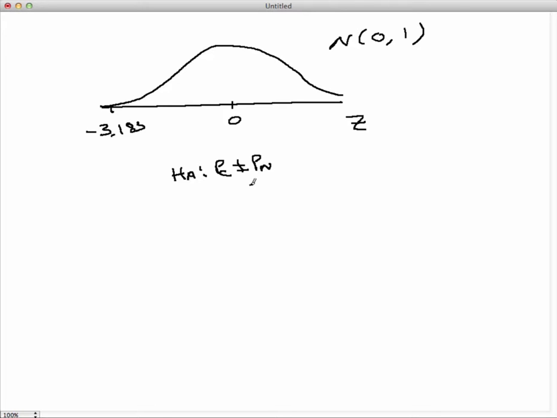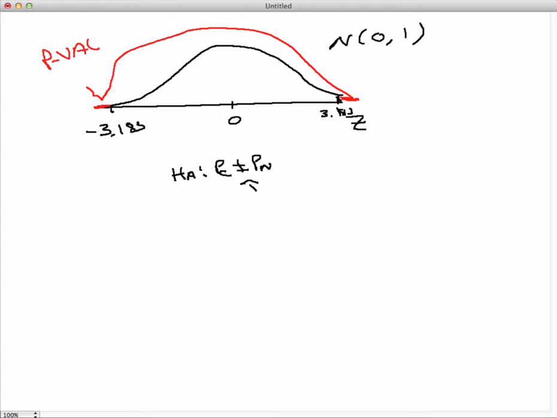Since we have a two-tailed test, we need to double our p-value. In other words, we need to come over here, be symmetric about it, and also say 3.183. So the two-tailed shaded regions, let's change to red. This shaded region plus this shaded region, these two together, are going to be equal to our p-value.